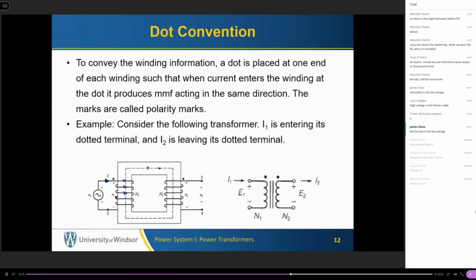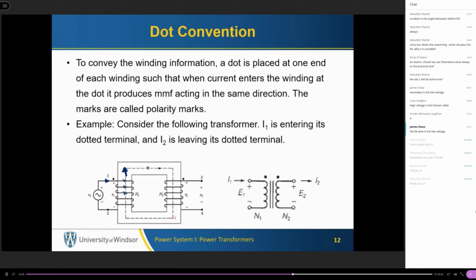The current flows in this direction, so the magnetic flux should be up. So the flux generated by the primary coil should have this direction. It rotates upward, and as a result, it will be circulating clockwise. So this is the direction of the flux.